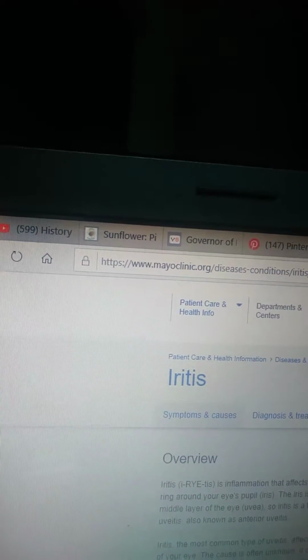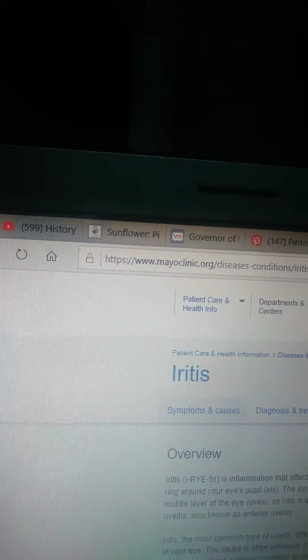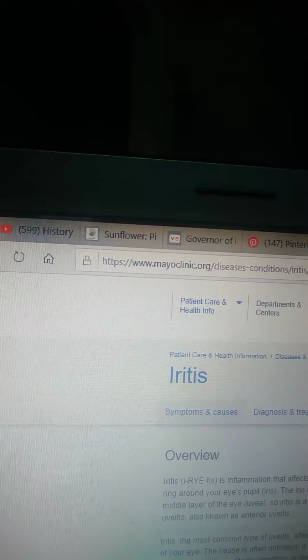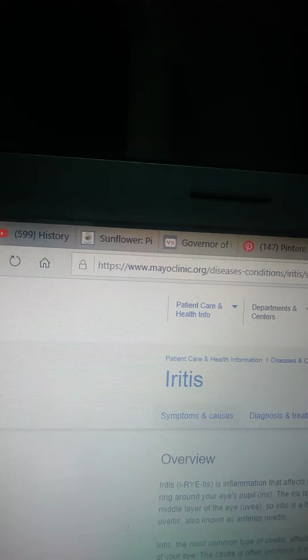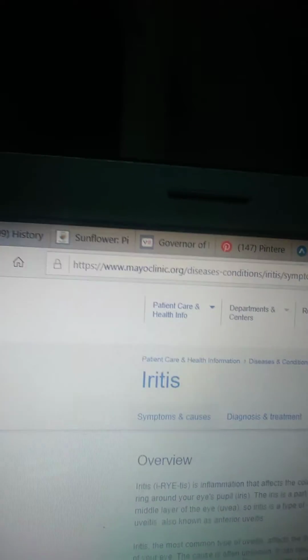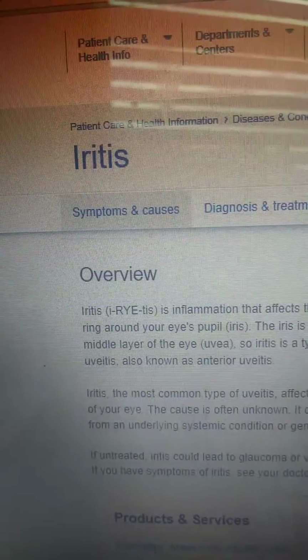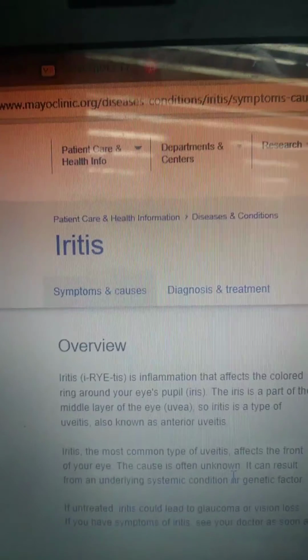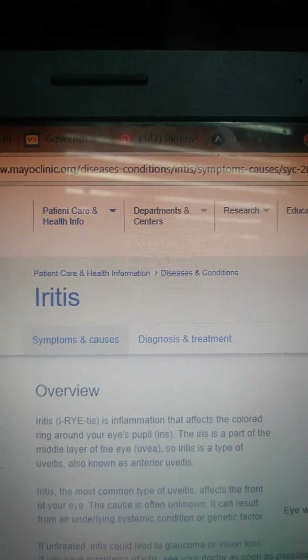Okay, what it says. Cause: often, see that right there? It says the cause is often unknown, so they don't even really know how this happens.